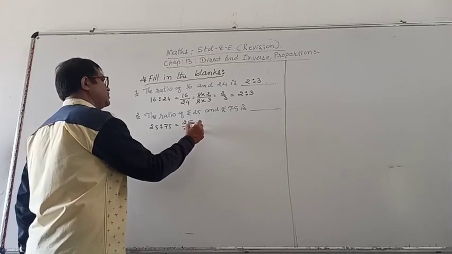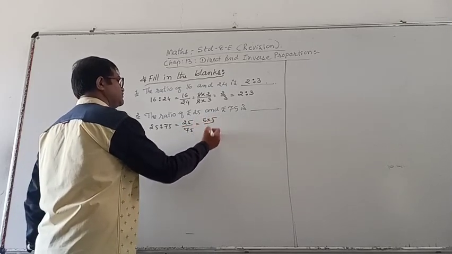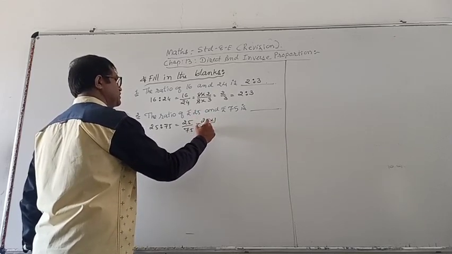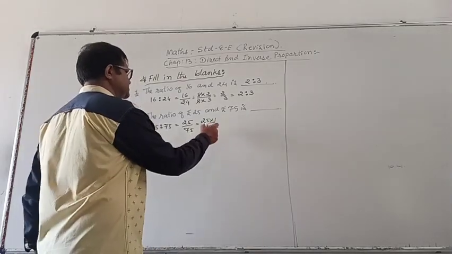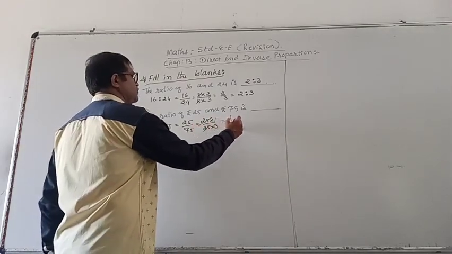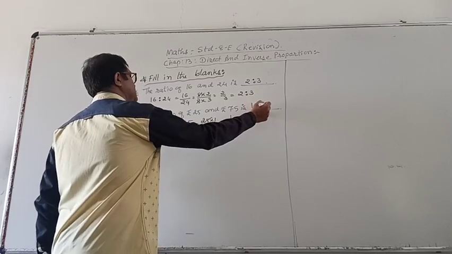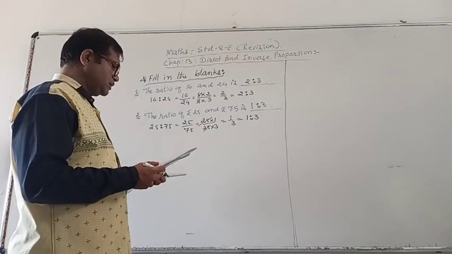So 25 upon 75. 25 1s are 25, and 25 3s are 75. So 1 upon 3, so your ratio is 1 is to 3.